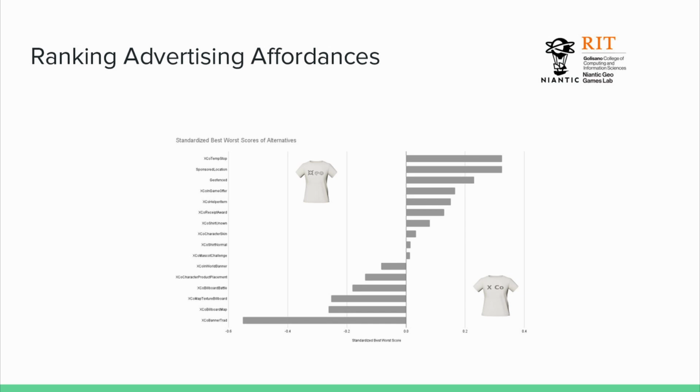So when we compared those, the aesthetically grounded one outperformed by a considerable amount the non-aesthetically grounded, which kind of helps reinforce the notion that good aesthetics can really help ground an advertising and make it palatable and acceptable. Because keep in mind, remember, pop-up ads are kind of acceptable in location-based games, right? And it's because of the combination of agency and aesthetics.